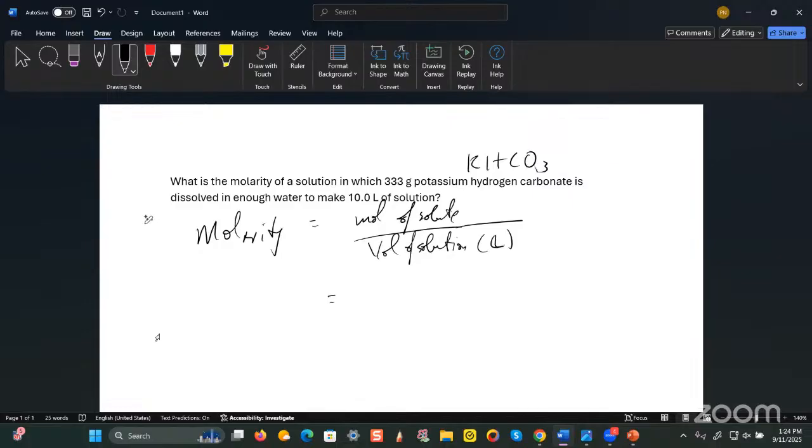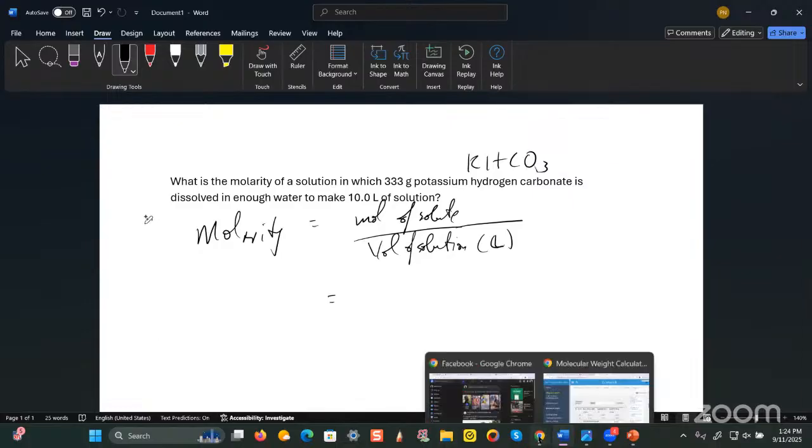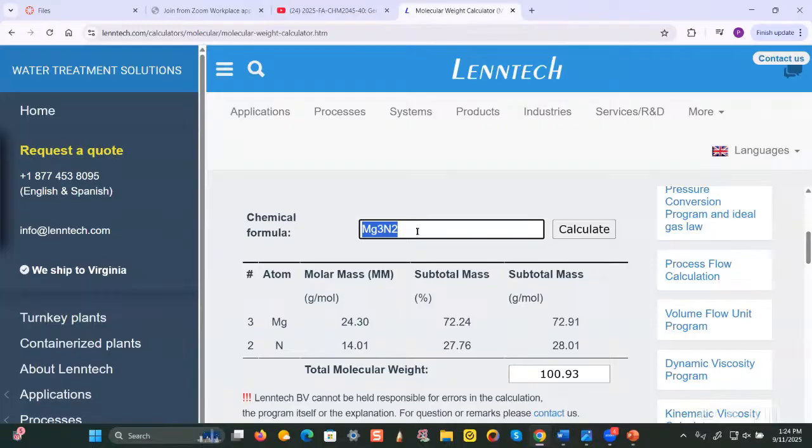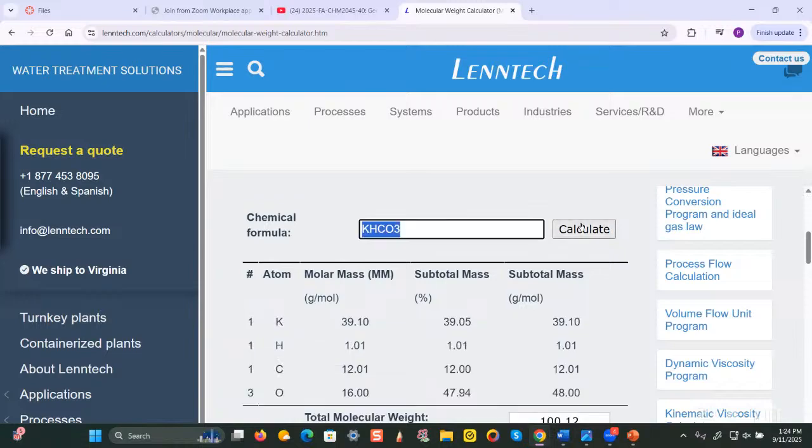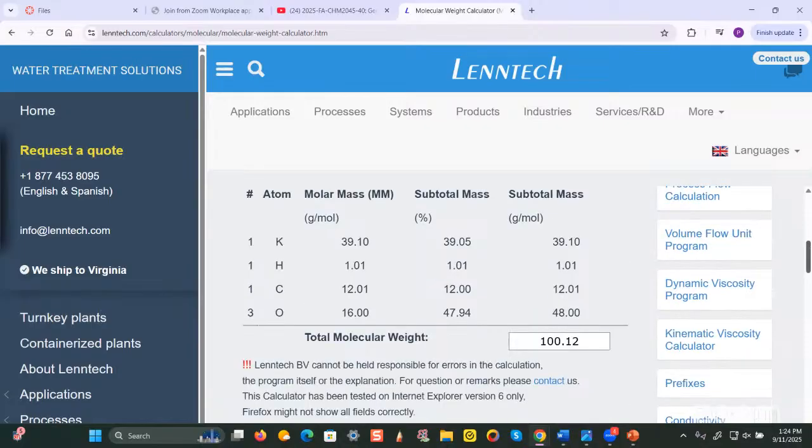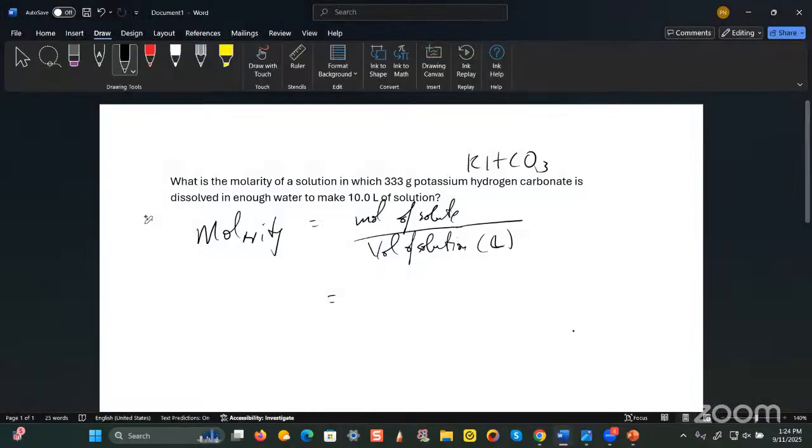So again, I'm going to use my calculator here to find the molar mass. And let's see what I get. Okay, so according to this, it's 100.12 grams. So molar mass here is 100.12 grams per mole, all right?